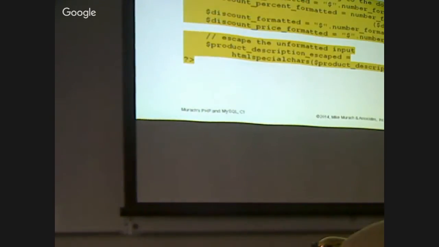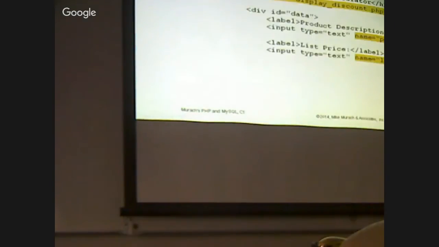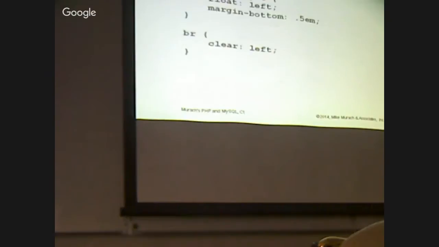So that's where that happens. And let's look again. So dollar sign, number format, this price with the 2 decimals. If we look at our visual, that's exactly what we see. We concatenated the dollar sign, which is simply a string, to the amount we calculated, and we formatted it with 2 decimals.